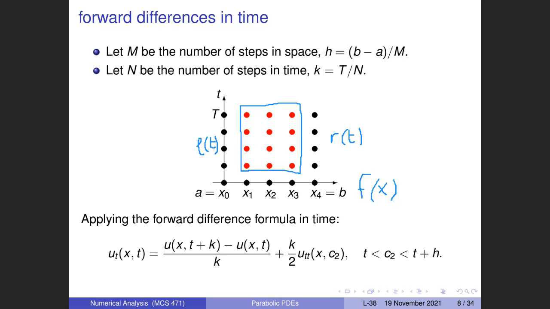But we have the time step in k. I forgot to mention, so we have the leading dimensions, the capital M, the big N, and then little h, little k. So h is the step size in space, k the step size in time.